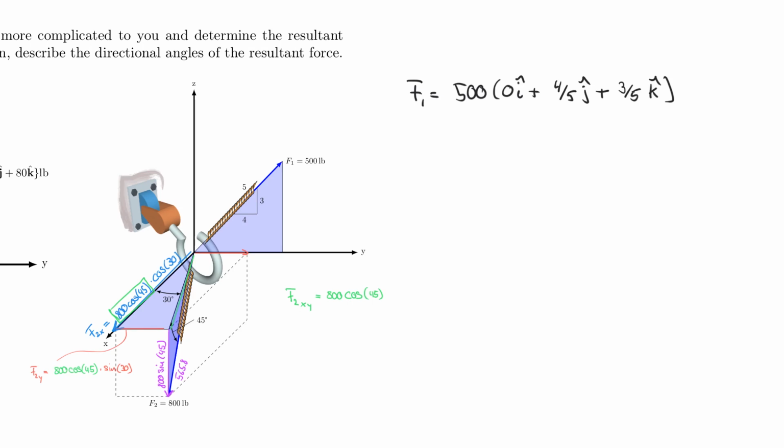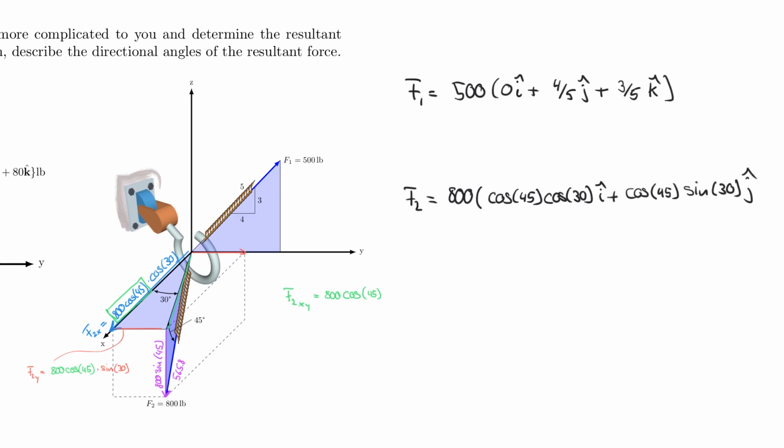So my F2 now would be something like the x component, which is what, 800, I can factor that out. So 800 times cosine 45 times cosine 30 i hat plus cosine 45 times sine 30 j hat plus, well, actually I have to be careful.